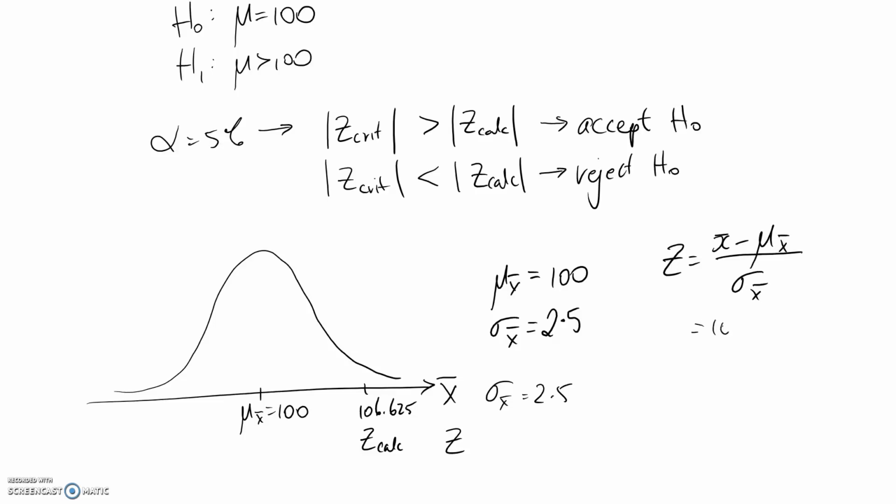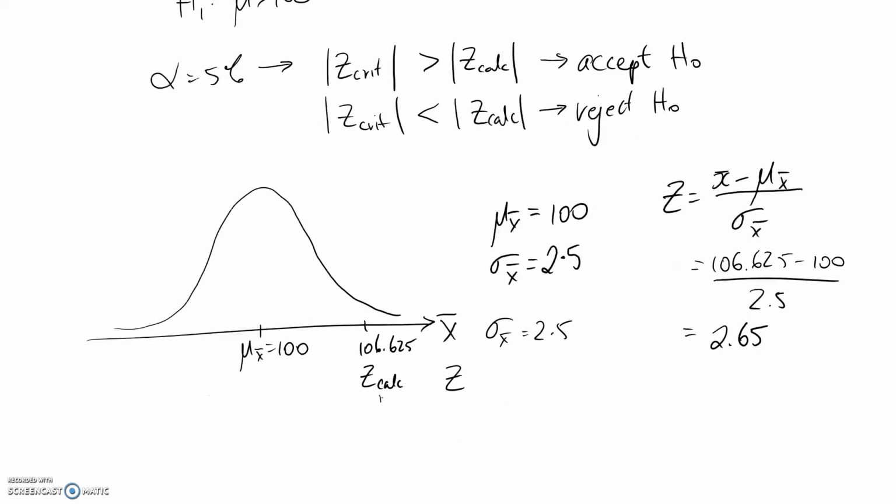And we saw in the previous video that when we substitute our numbers in, this works out to be 2.65. So that is our z calc value. When we convert the mean into a z value, we know that goes to 0. So the only other thing we need to figure out now is the critical z value.